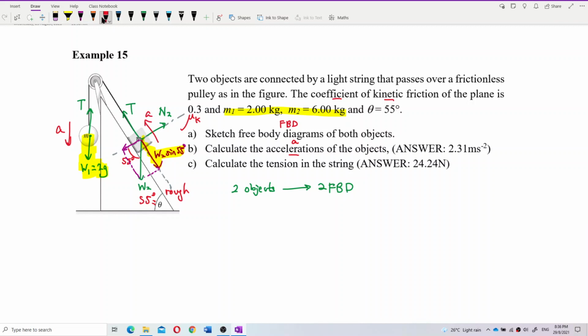But if W2 sine 55 is bigger than weight 1, then the opposite will happen. The mass 2 will fall down and mass 1 will go up.